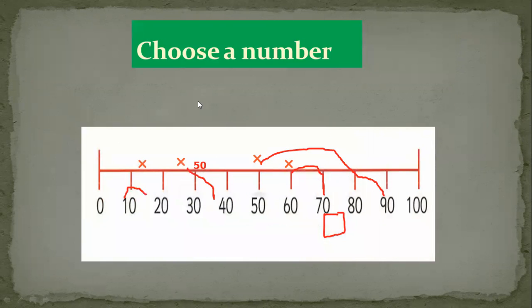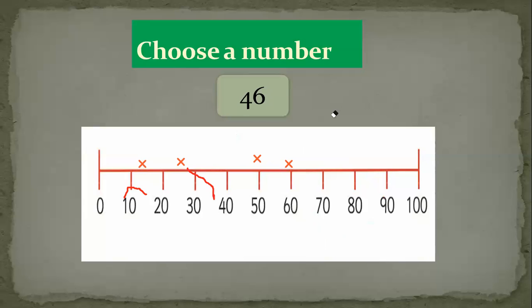Choose a number: 46. 46, boys. So where are you going to place 46? First of all, I'm going to find the place for 46, and then I'm going to round it to the nearest 10. Okay, let's find the place first. 46 will be between 40 and 50. It will be here.